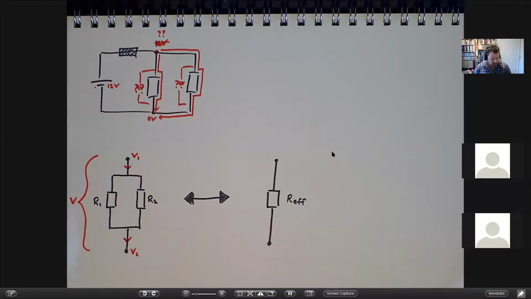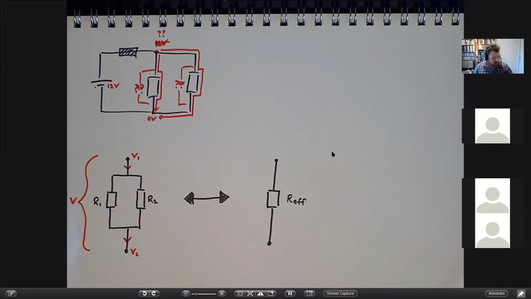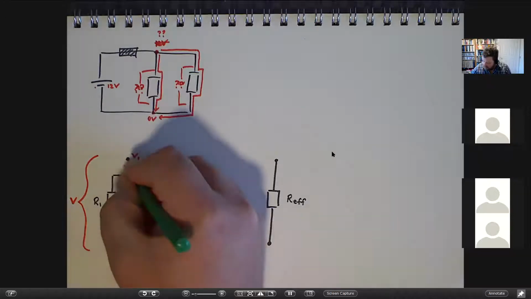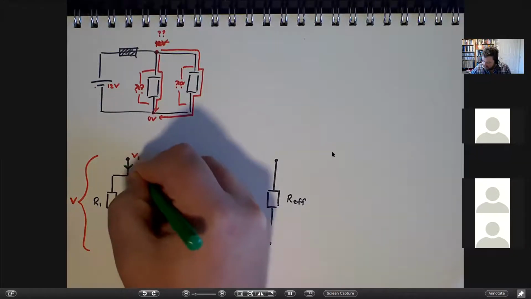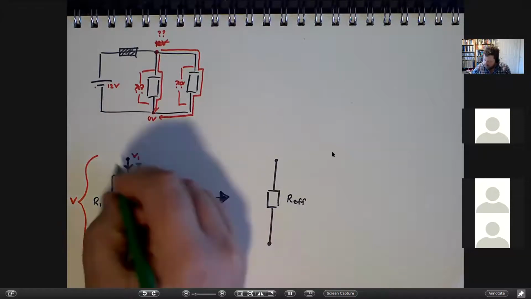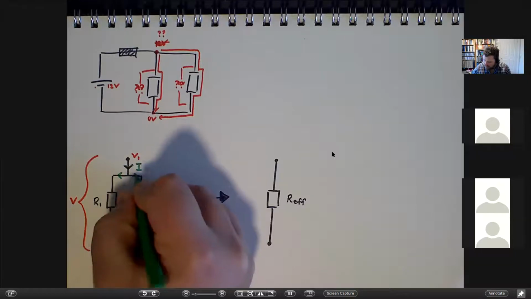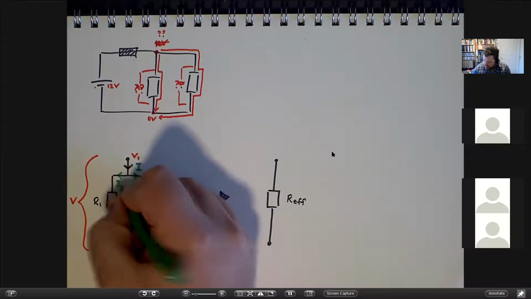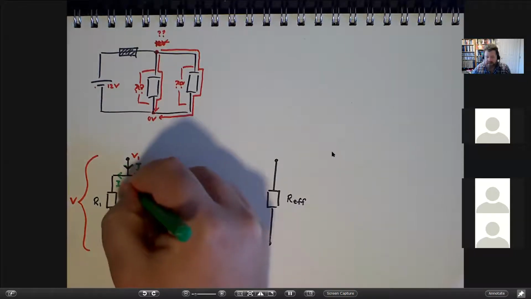I've got a certain amount of current passing through here, and I'm going to call that I. And then I is going to get split up into two parts, and you're going to have I1 and I2.